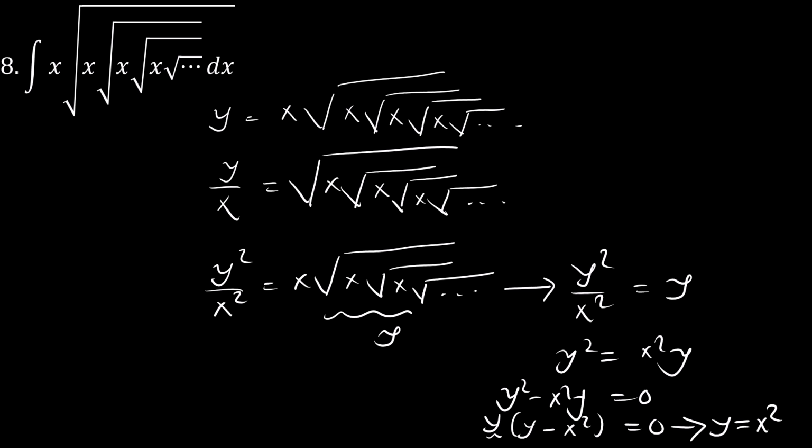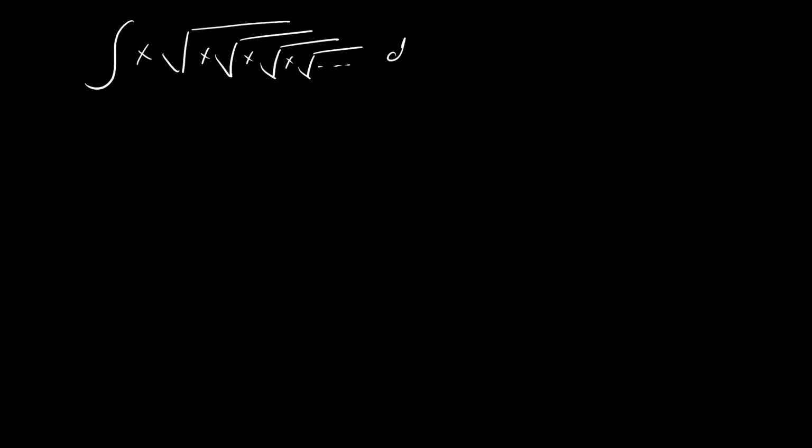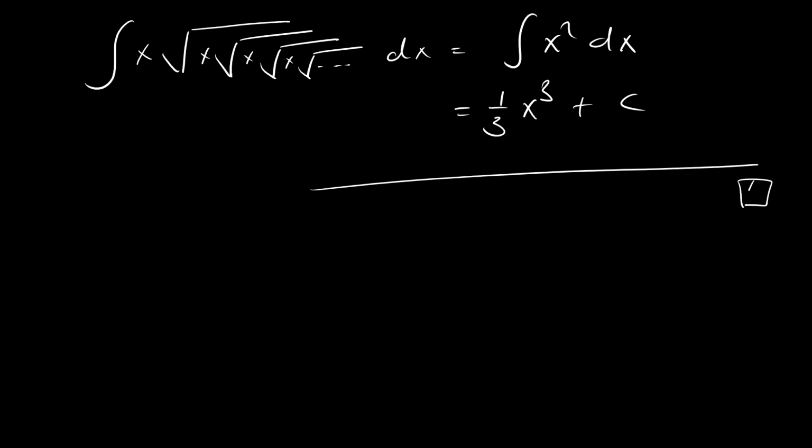So that means that our integral is the same as that, which is equal to a third plus the integration constant. So that is the answer for problem number 8.